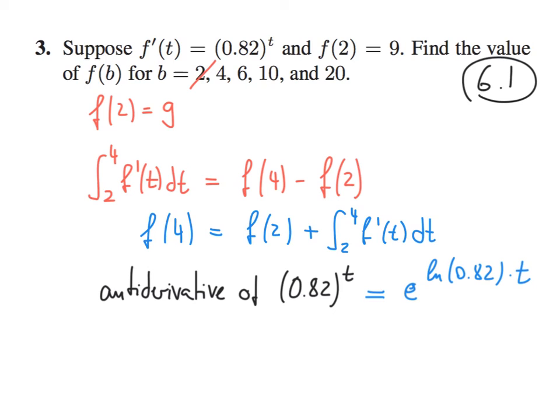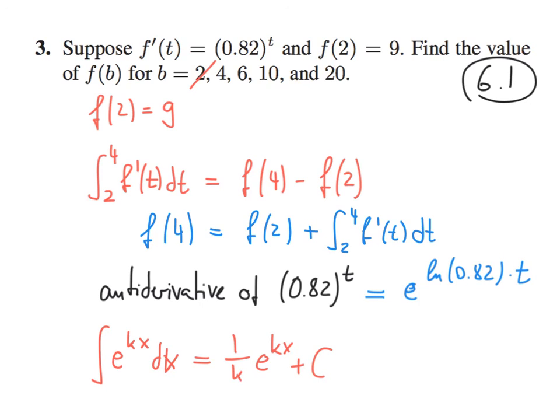For this now, we can actually use the exponential rule. So we know that the indefinite integral of e to the kx dx is equal to 1 over k times e to the kx plus c. So in our case, k is equal to ln 0.82.